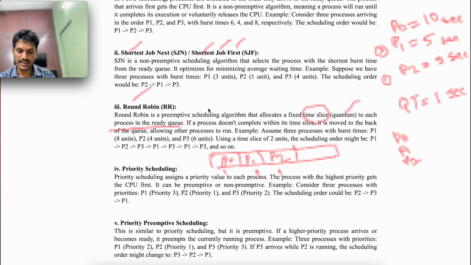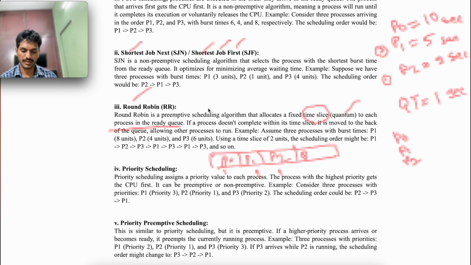In the first round, we give 1 second to each process. In the second round, we again give 1 second to each process. Like this, we make different rounds until the completion of every process in the system.